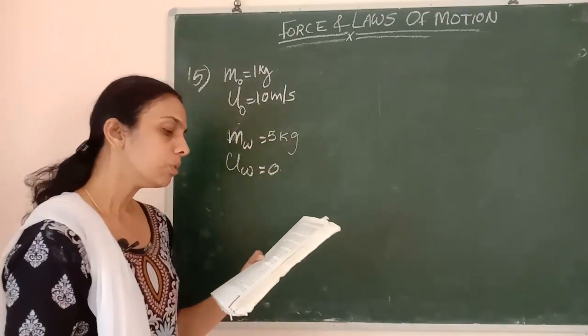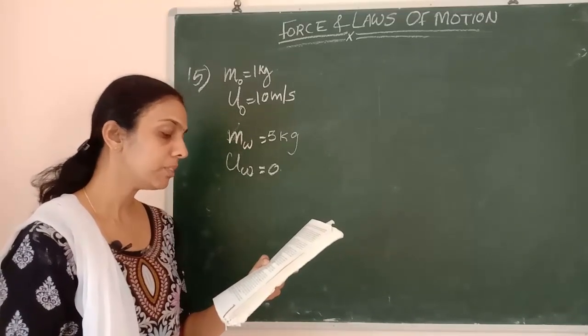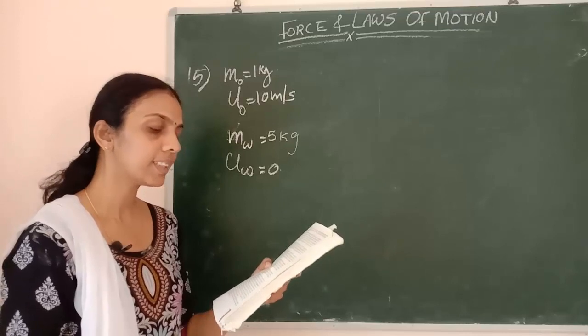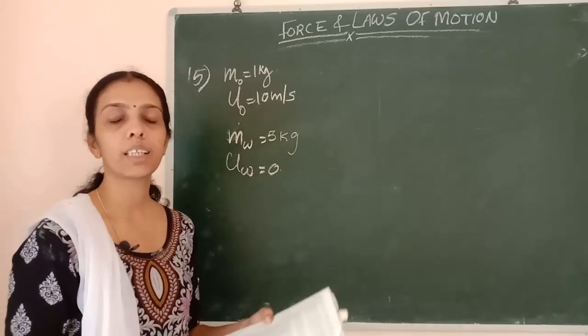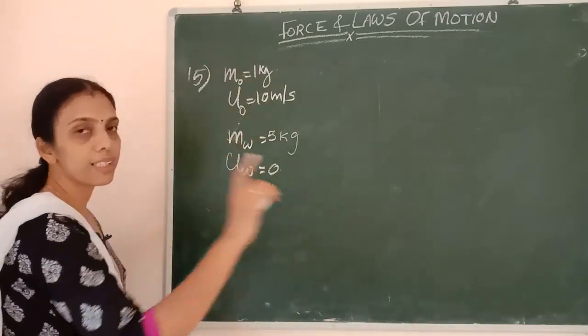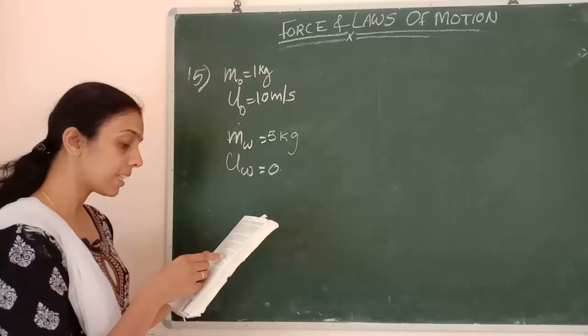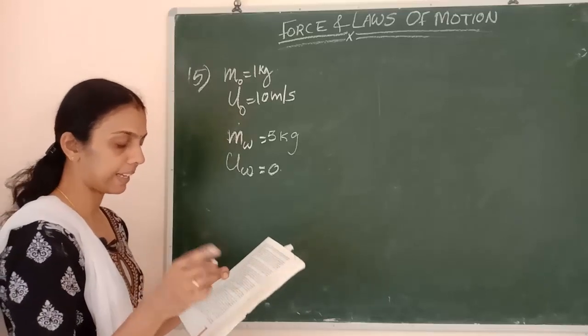Then they both move off together in the same straight line. Calculate the momentum just before the impact and just after the impact, and also calculate the velocity of the combined object. After that, both are moving with the same velocity, isn't it?